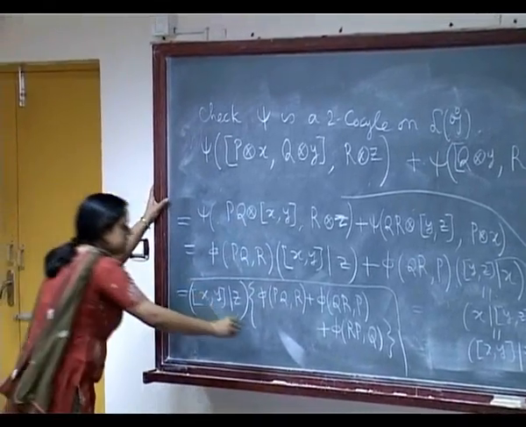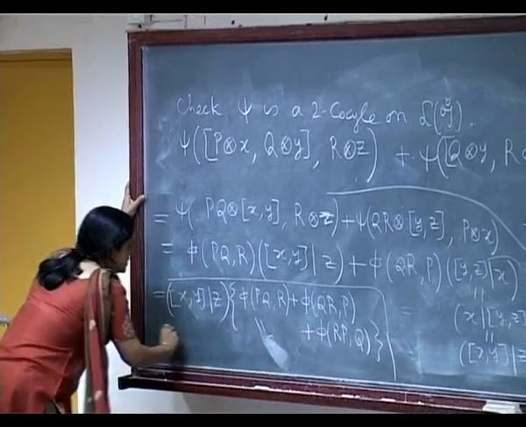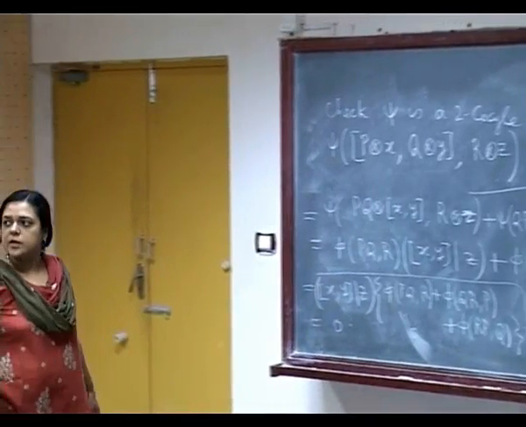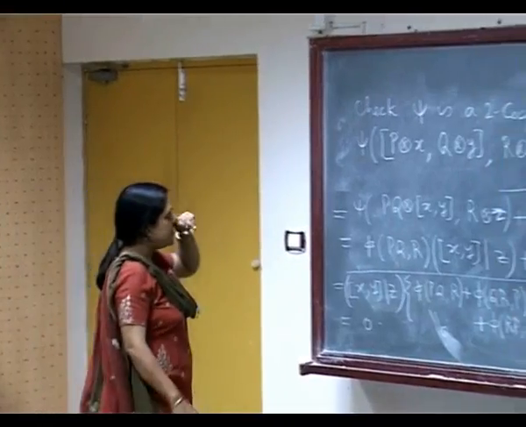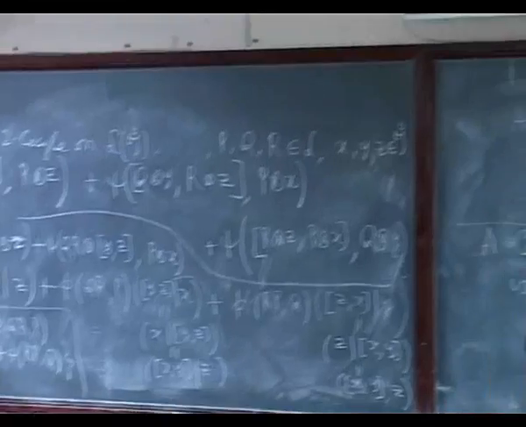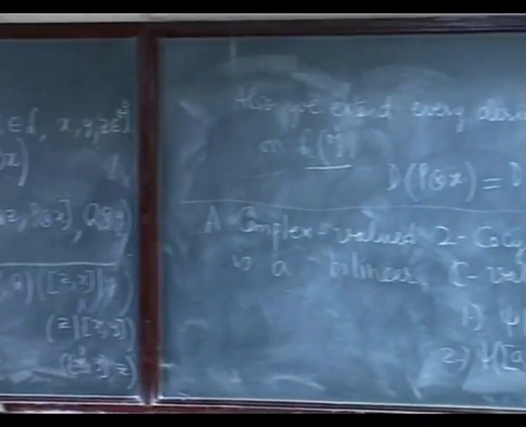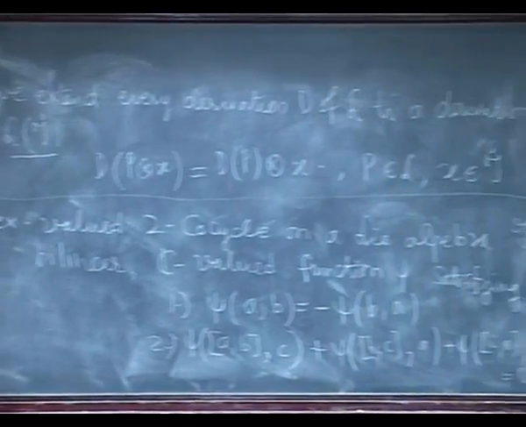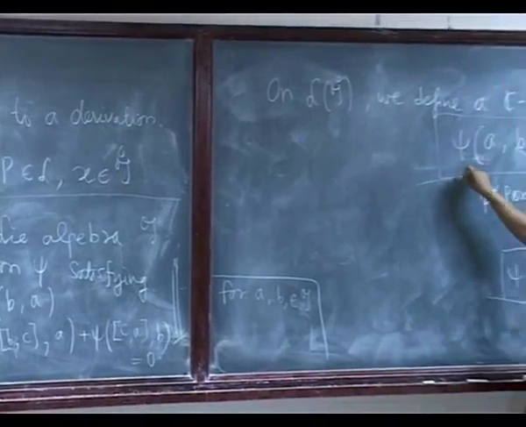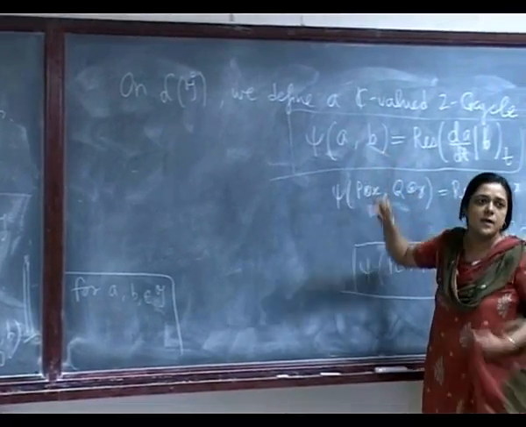So, the whole thing is 0. Okay, so we have proved that this is a 2 co-cycle on LG naught, on our loop algebra.